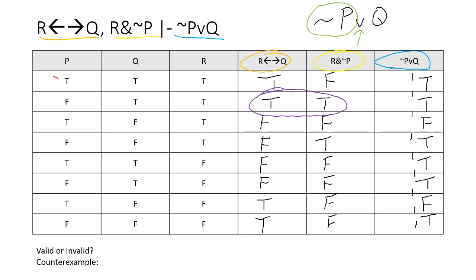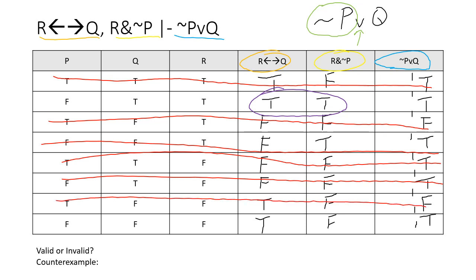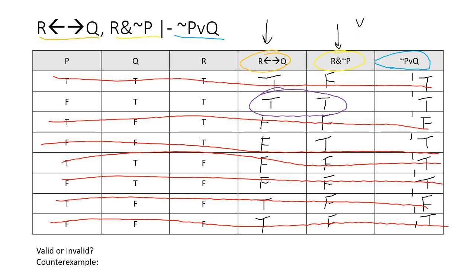And so we can just ignore the other rows. We're only interested in the rows in which the premises are all true. These are our premises.